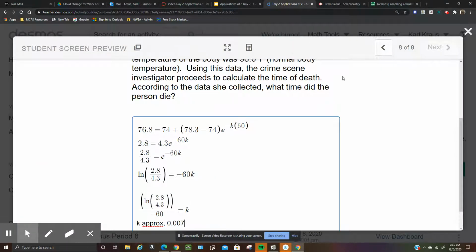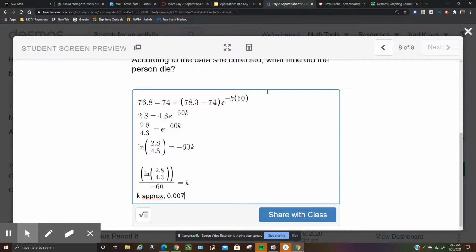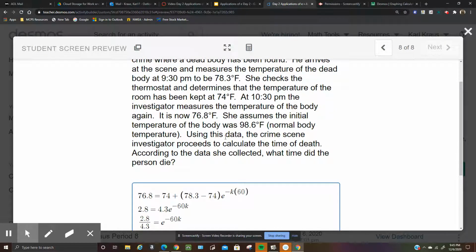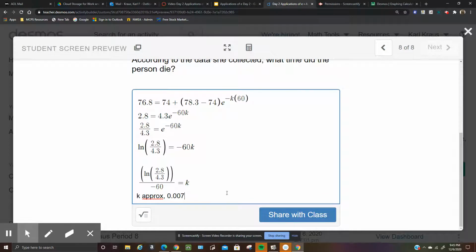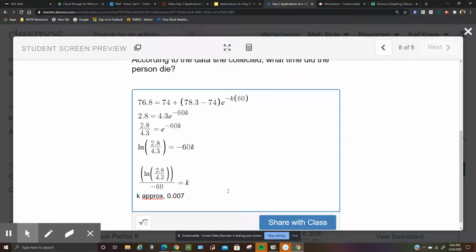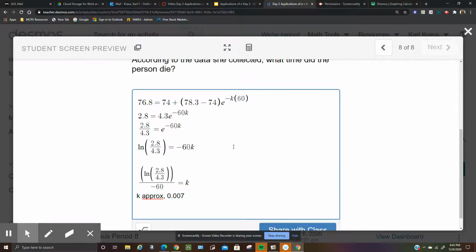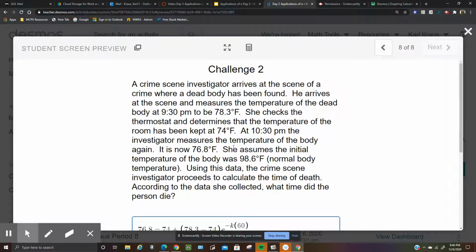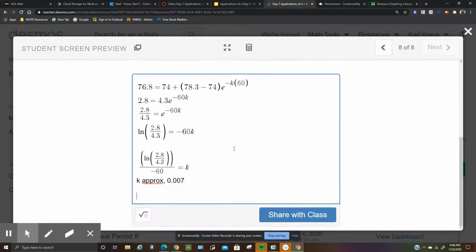All right, so now I'm going to use that K value with the rest of the information here. So the initial temperature is 98.6 now. So everything else is the same here. So the final temperature of the body is 76.8.